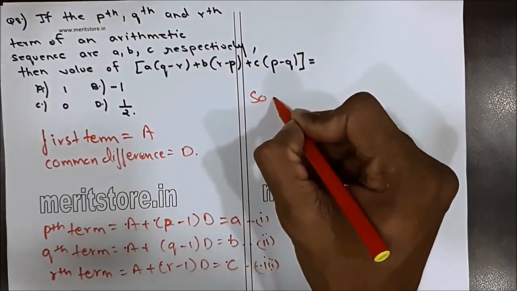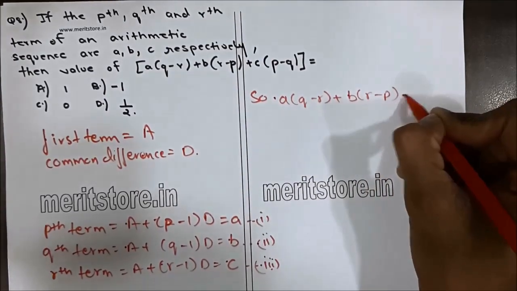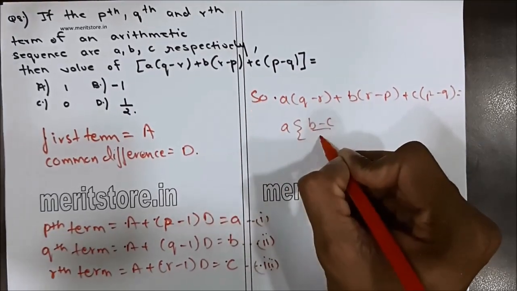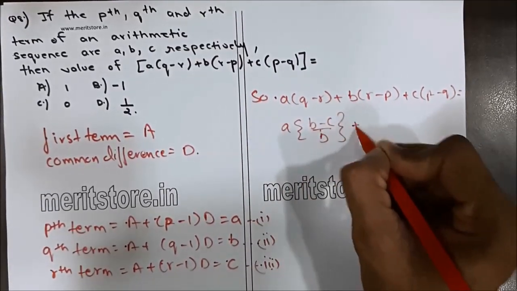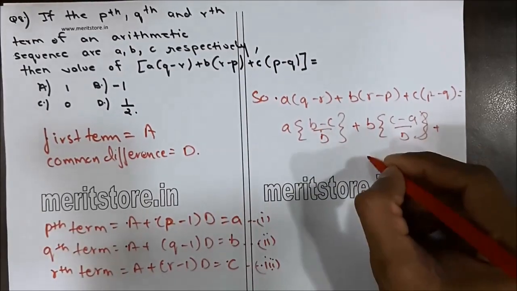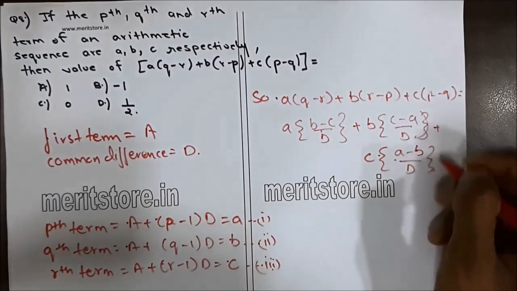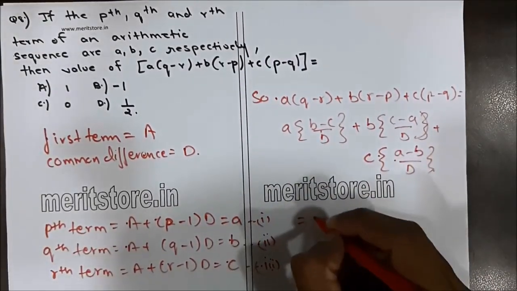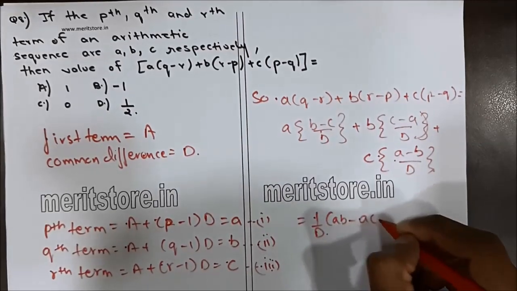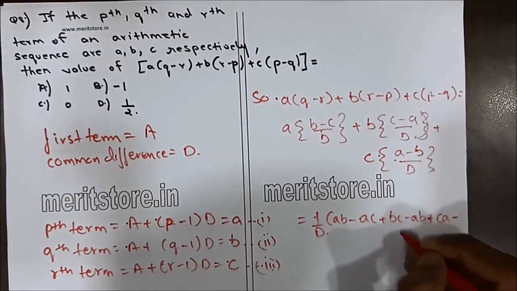So for the given expression a(q minus r) plus b(r minus p) plus c(p minus q) is equal to a(b minus c) upon D plus b(c minus a) upon D plus c(a minus b) upon D. We take 1 by D common, we get 1 by D times (ab minus ac plus bc minus ab plus ca minus bc).